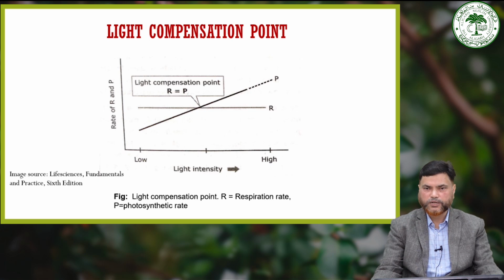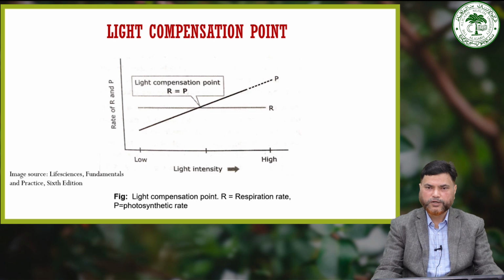This is a very interesting point you must note here. At a certain light intensity, it matches with the carbon dioxide released through the process of respiration. So at this point, this is very crucial.